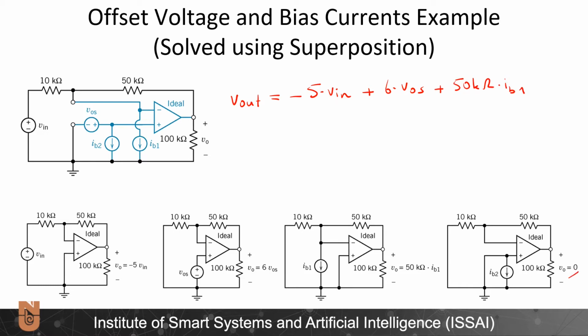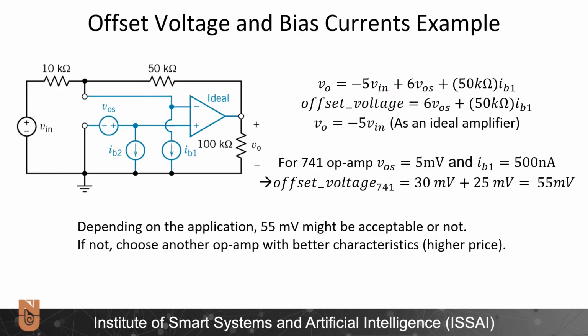And for the fourth one, I have 0, so I will not write that. So this is the output of the circuit, and these are the additional terms due to the offset model of the operational amplifier. Now we have found the output voltage of this circuit, taking into account the offset voltage and input bias currents. And specifically the offset voltage is 6 times VOS plus 50 kilo ohms times IB1.